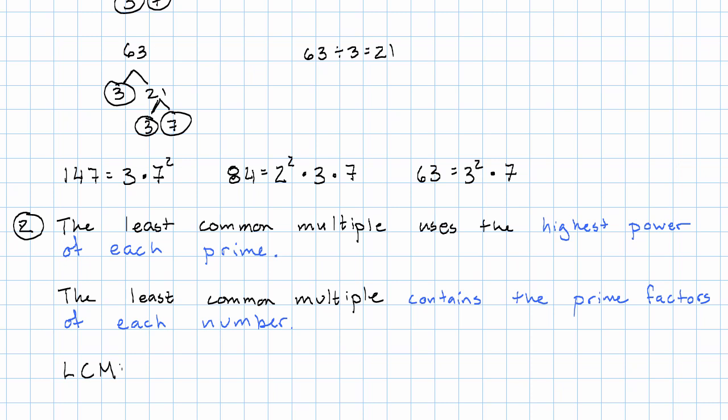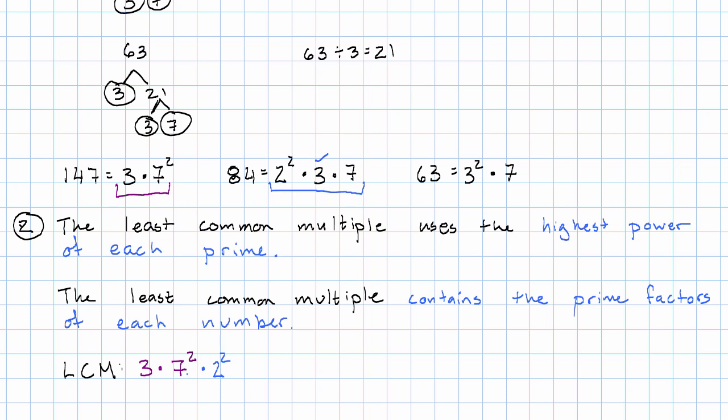The prime factors of 147 are 3 and 2 7s. The prime factors of 84 are 2 2s. I don't have any 2s, so I need 2 of them. A 3, I already have a 3.